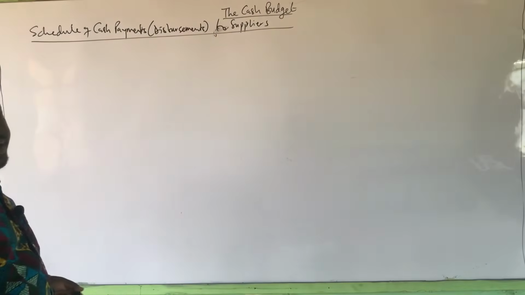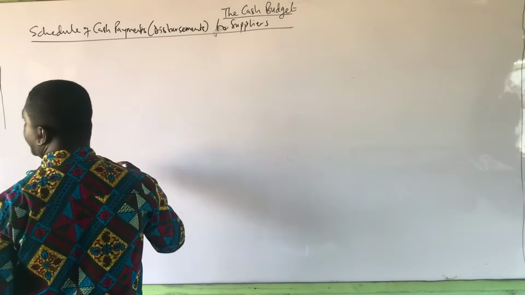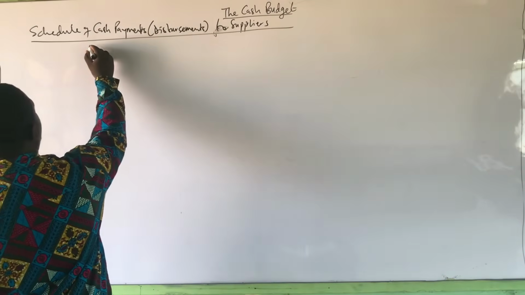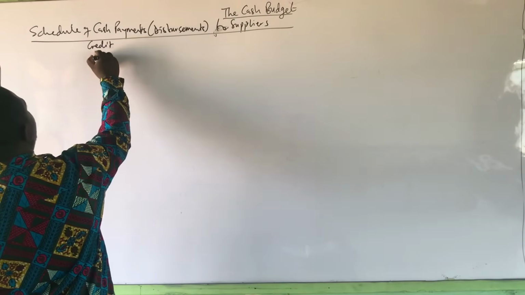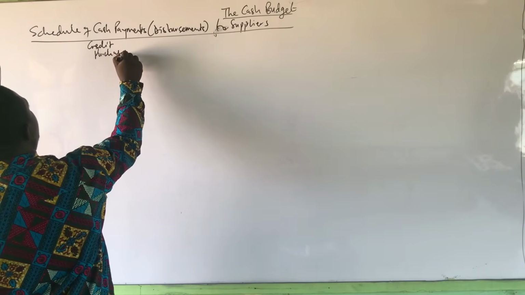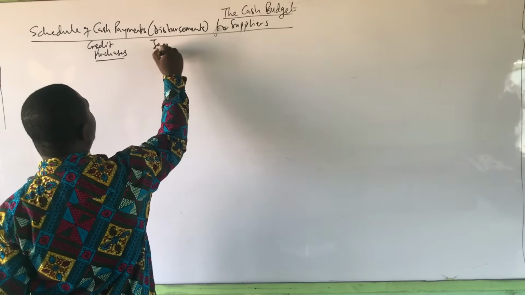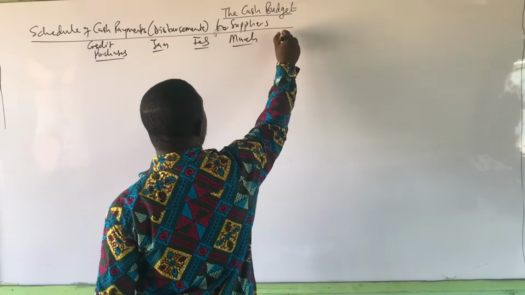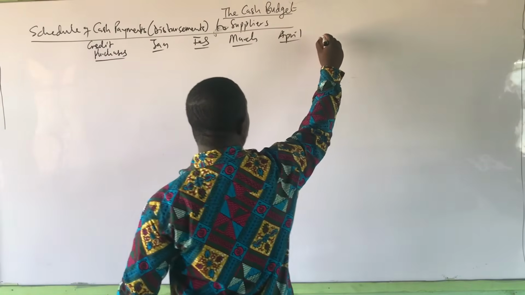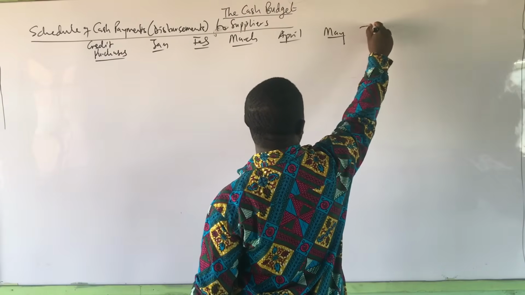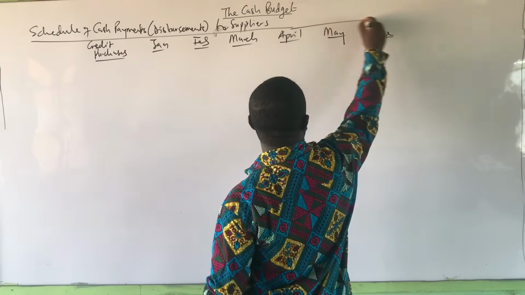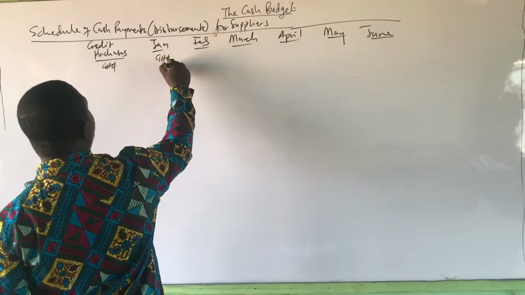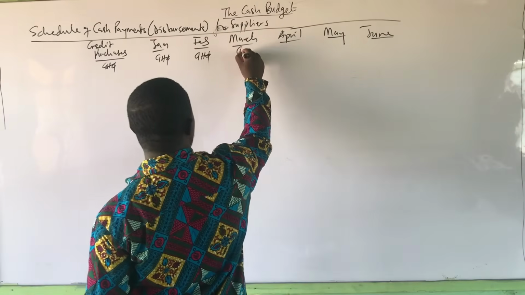So just like we did for the customers, let me leave this place for the narration of the months, and let me say this place for credit purchases. And then I'll have January, February, March, April, May, and then June.